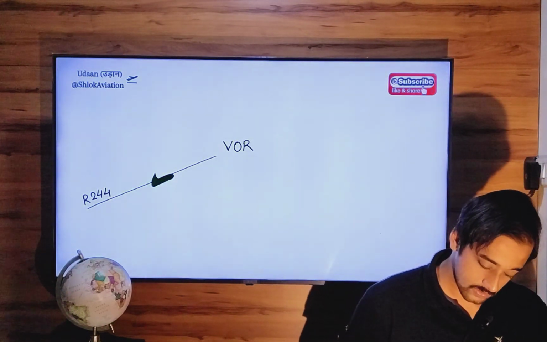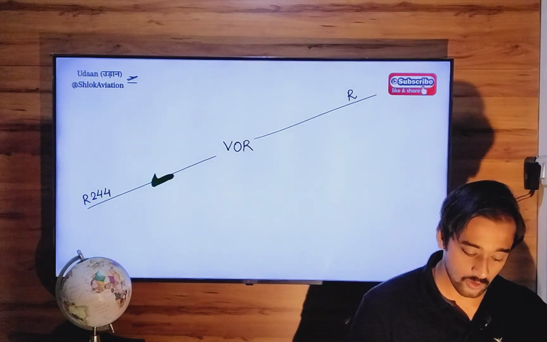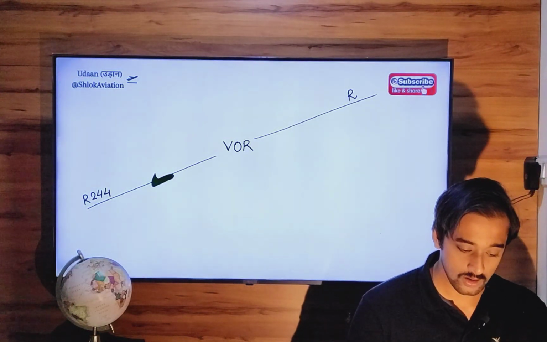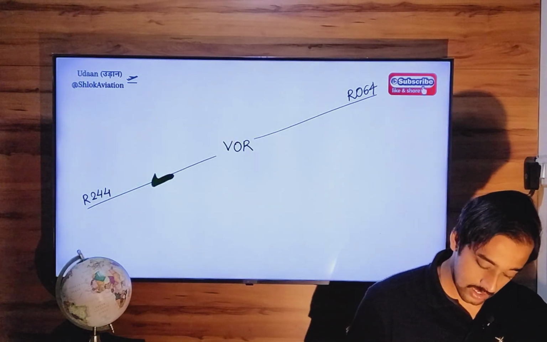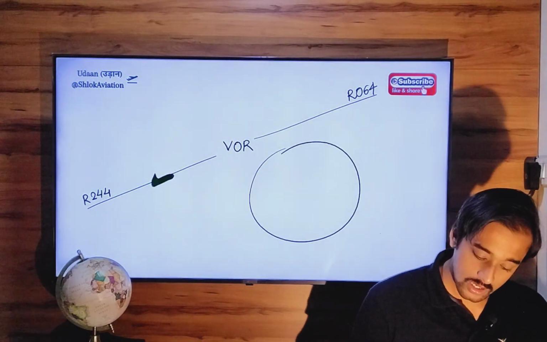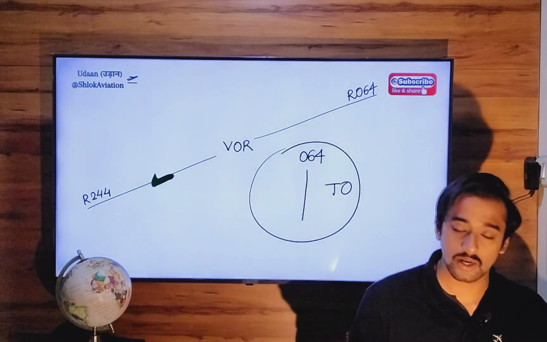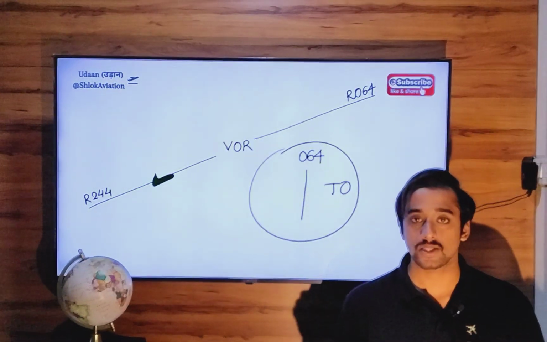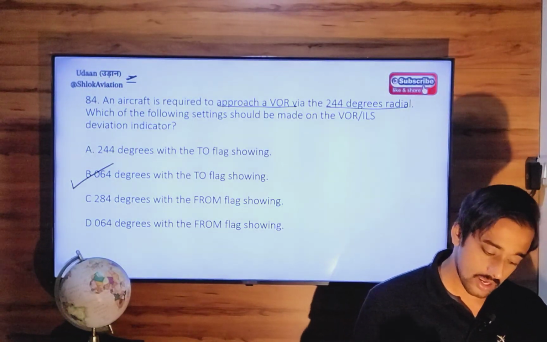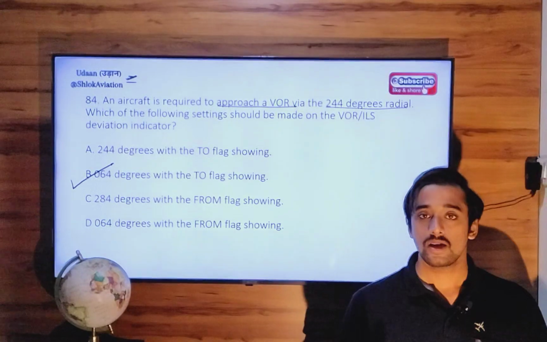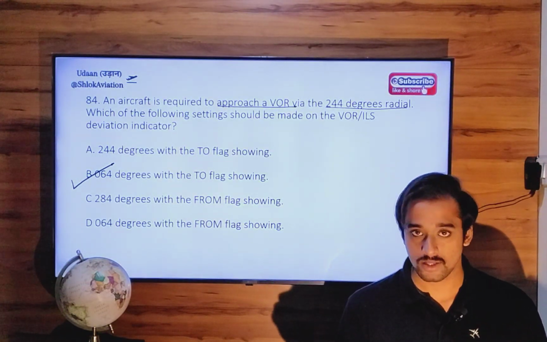So opposite of radial 244 is 064. So the correct OBS setting will be 064 with a TO indication, needle in the center, provided aircraft tracks the center line of the radial. So 064 with a TO indication. Simple. Read the question carefully, draw the diagram and you get the answer.